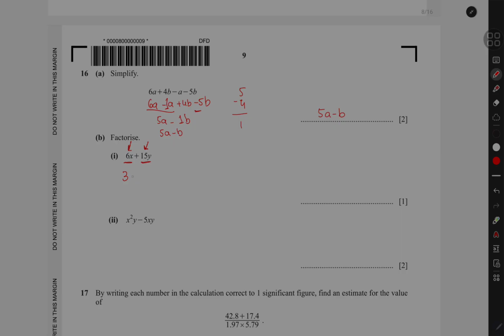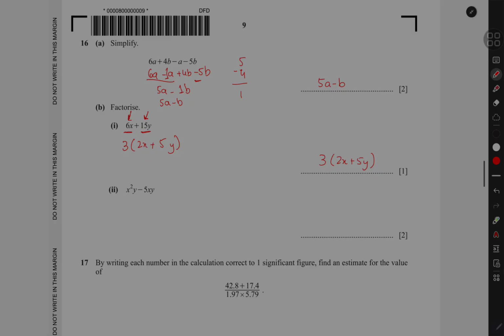So I took out 3: 3 2s are 6, 2x, plus 3 5s are 15y. Now, is there anything else common? 2, 5, nah. x, y, no. Nothing else is common in them. So I took out the only thing common. 3 times 2x plus 5y.